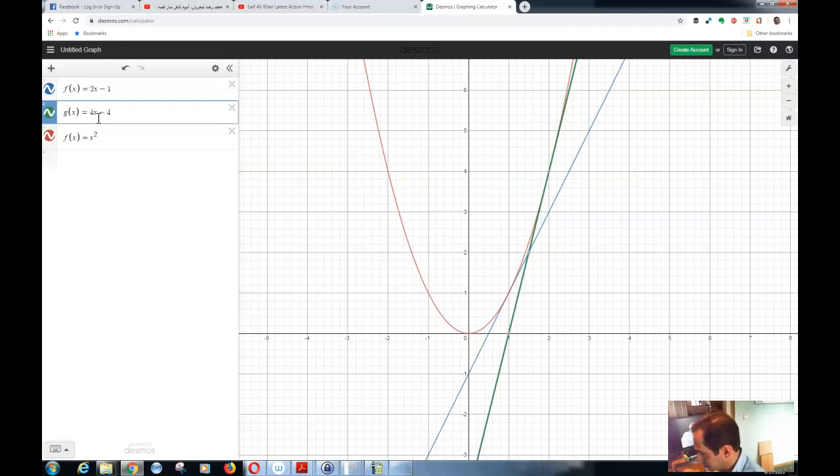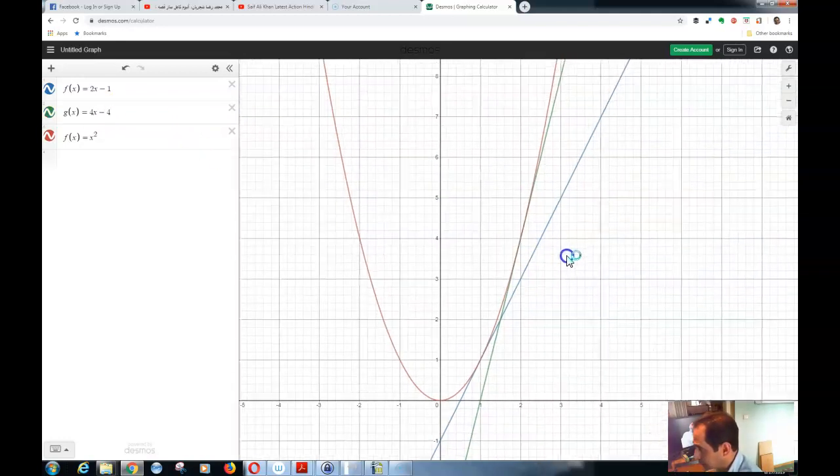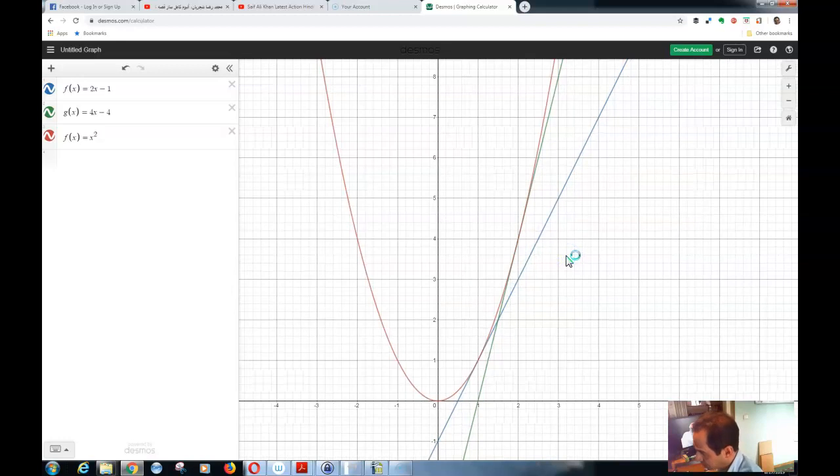And you can see that exactly at this point here, 2 comma 4, this green line over here is tangent to the graph of the function, and that means that the slope of the function at this point is equal to 4, because this is the slope of this line, which is tangent to the function at this point.